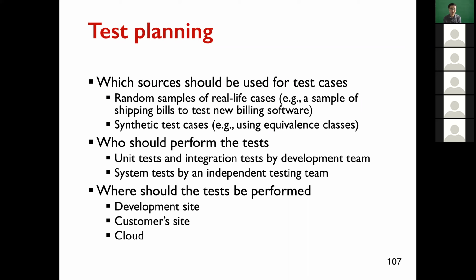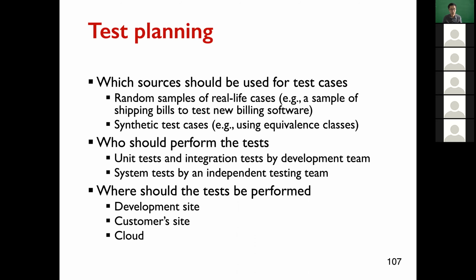Another thing to plan is who should perform the test. For example, unit tests and integration tests are usually performed by developers, and system tests maybe by developers or maybe by an independent testing team. Okay. And also we want to plan where the test should be performed. Usually it's performed either on the development side or customer side, or sometimes it can be performed on the cloud, right?